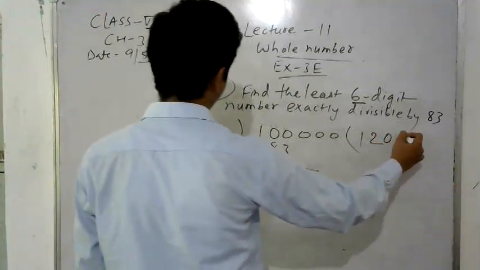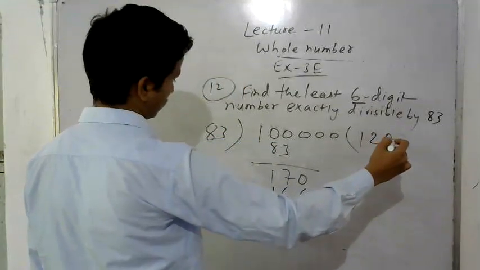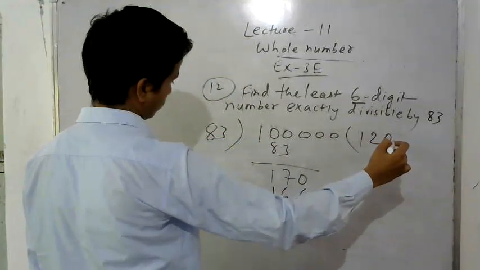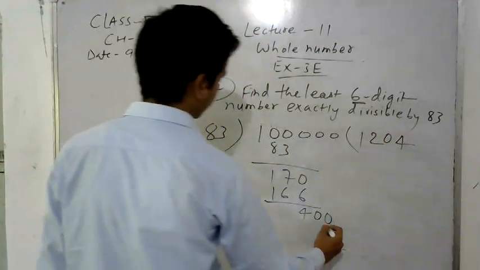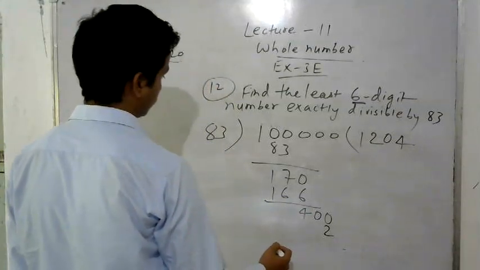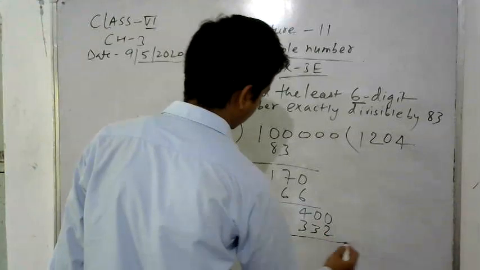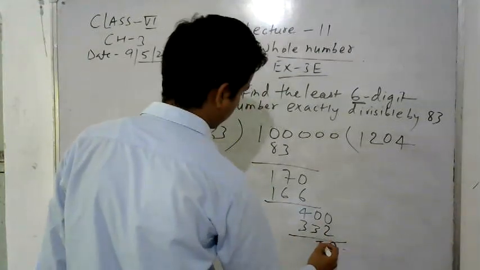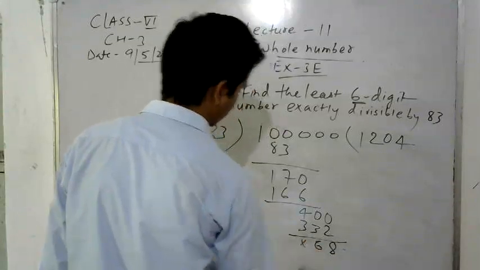Now you will count it as 4 times. So 4 3 is a 12, 4 8 is a 32, 33. So 8, 6, 68.